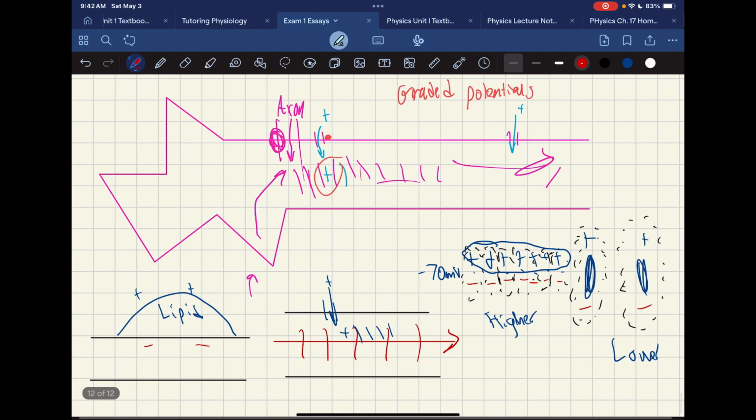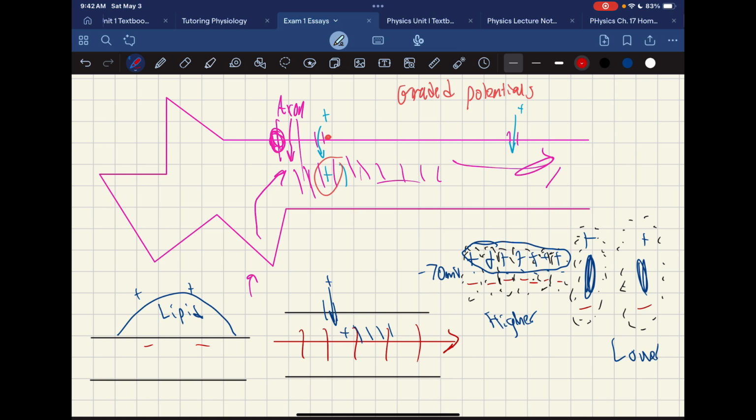However, it reduces the capacitance, which means it takes less time to change the membrane potential.